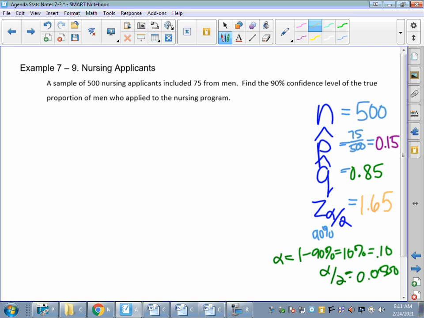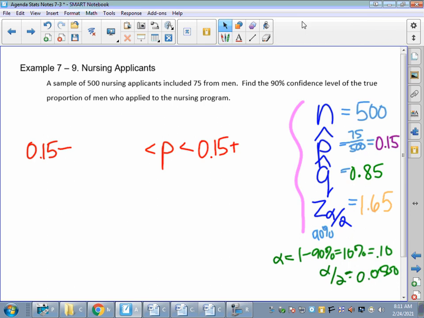Now that we've got all that, we can set this up. I'm going to know that my p is in between two values. I start with my p hat, so 0.15 minus and plus that ridiculous looking square root.